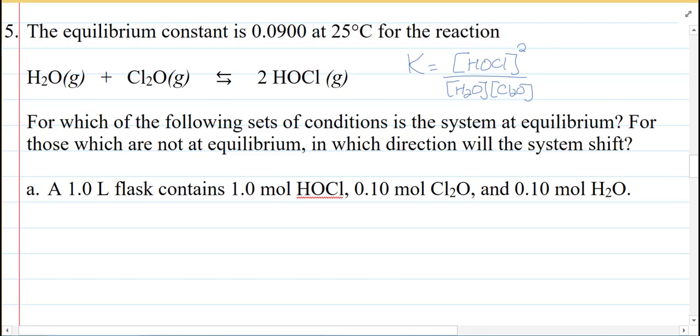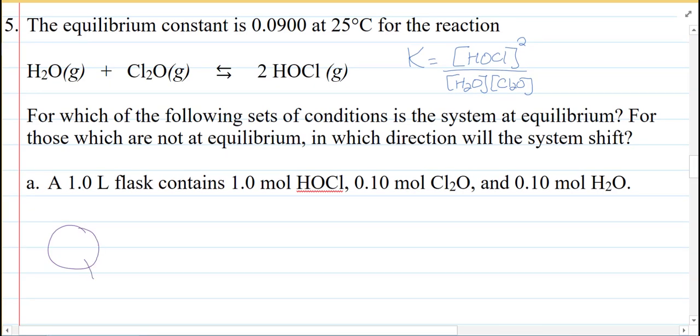For A, we have a 1 liter flask with 1 mole, 0.1 mole, and 0.1 mole. So Q is equal to HOCl, so we're going to do it this way, where we have 1.0 moles in 1.0 liters, squared, all over 0.10 moles of H2O over 1 liter and 0.10 moles over 1.0 liters.